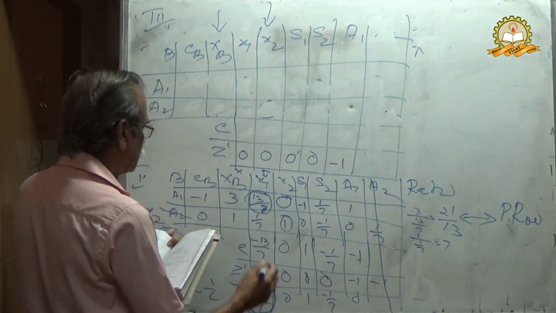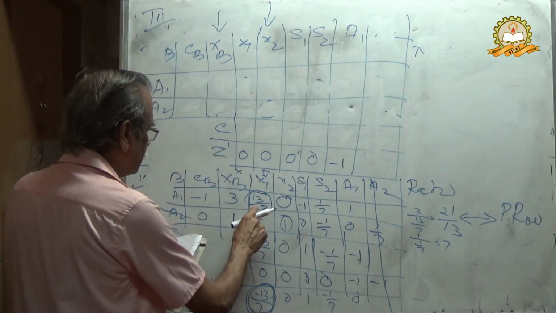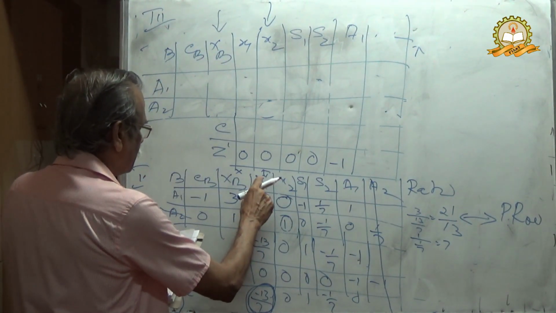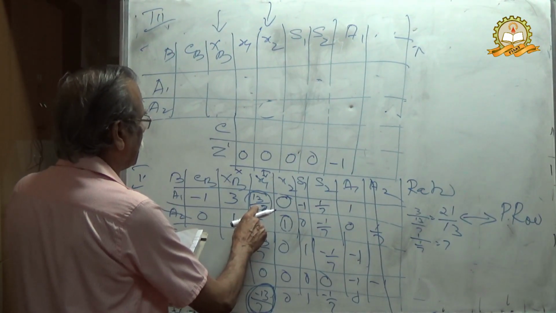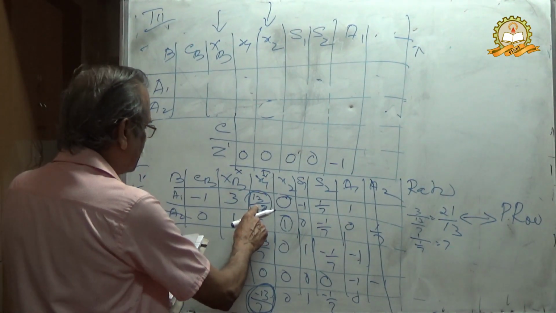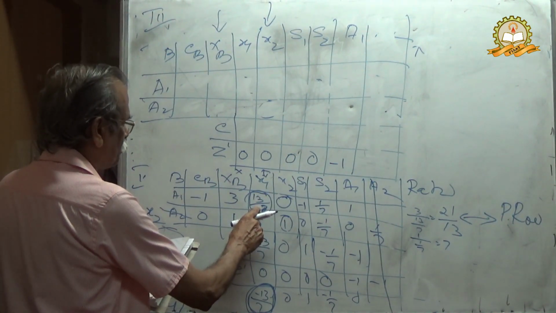The new row R1 is got by dividing elements under row A1 by 13 by 7.